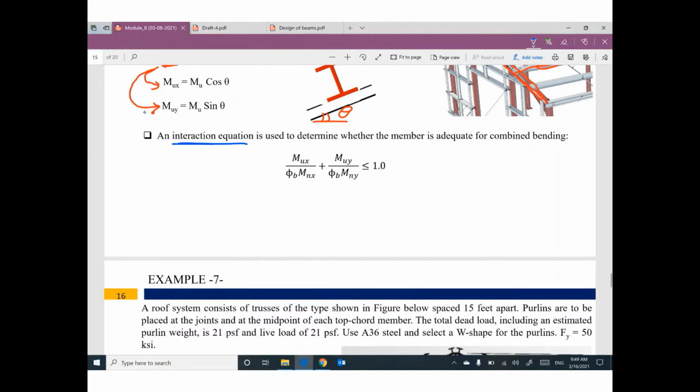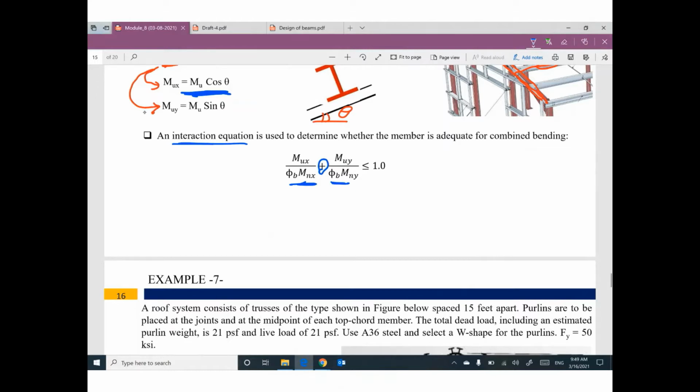So M ultimate x divided by phi Mnx plus M ultimate y divided by phi Mny, these two terms together must be smaller than or equal to 1.